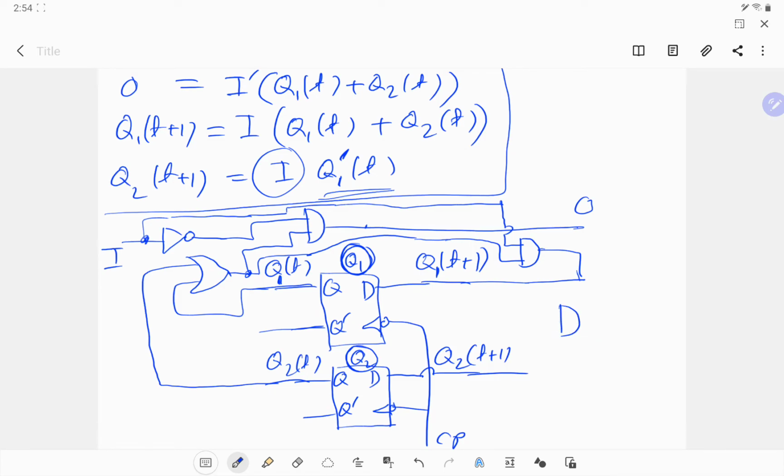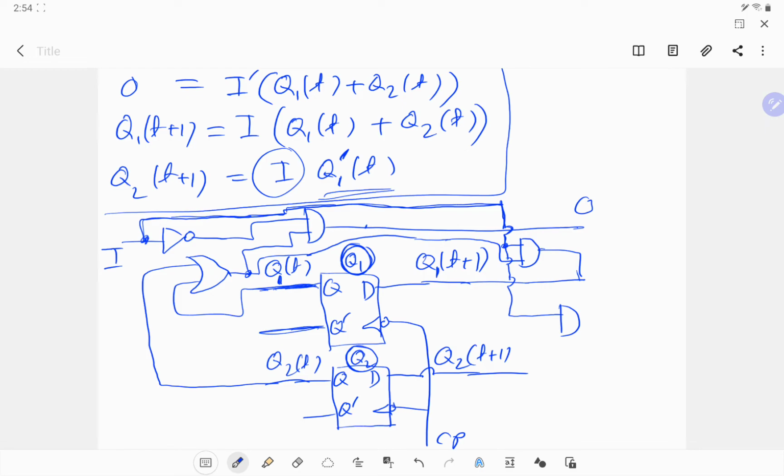The first input of the AND gate is I. From here we can take this I. The second input is Q1t prime.